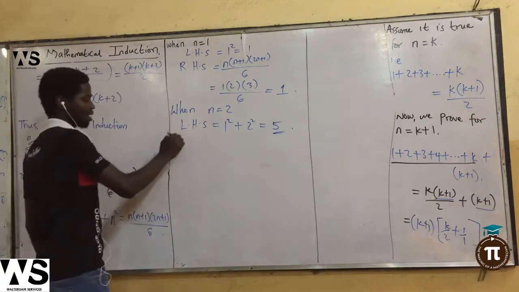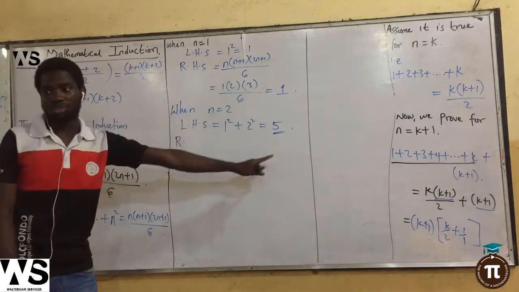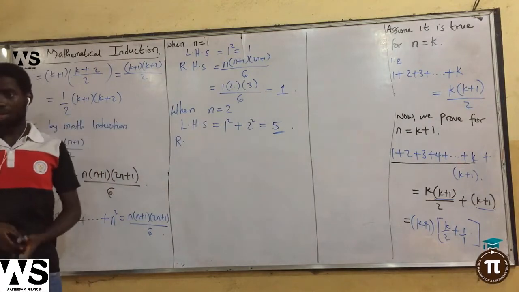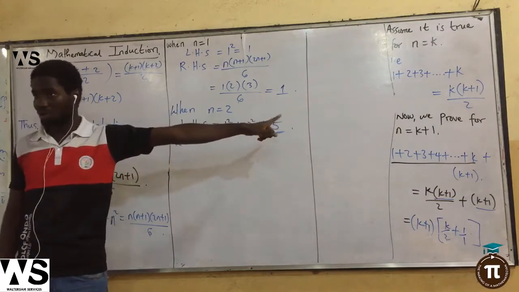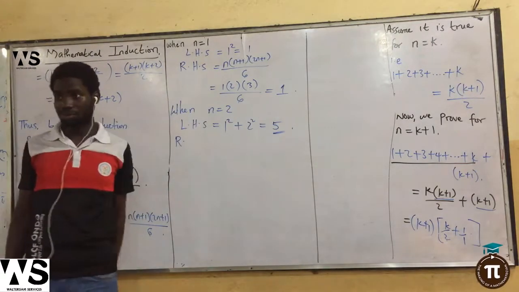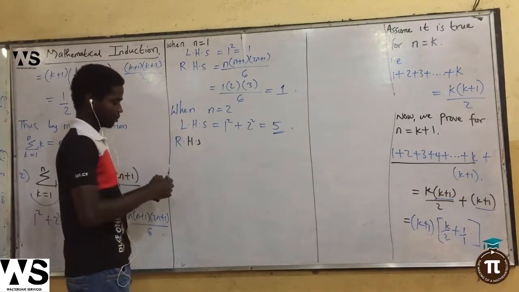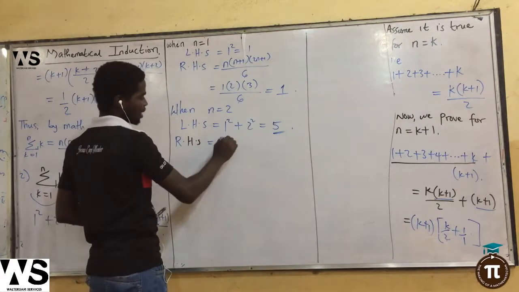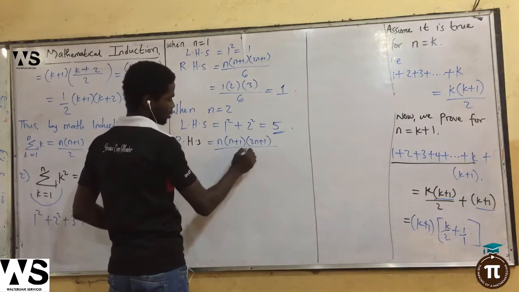What happened to the right hand side of the equation? I'm supposed to say therefore it is true for n equal 1, like we did in the first example. So the right hand side will be n plus 1, 2n plus 1, divide 6.